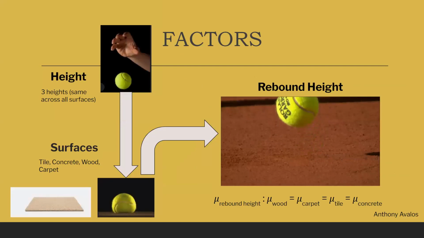So again, the two factors that affected the rebound height are the initial drop height, and we recorded 3 different heights: 5 feet, 4 feet, and 3 feet. And then the other factor is the surface. Our 4 surfaces are tile, concrete, wood, and carpet.